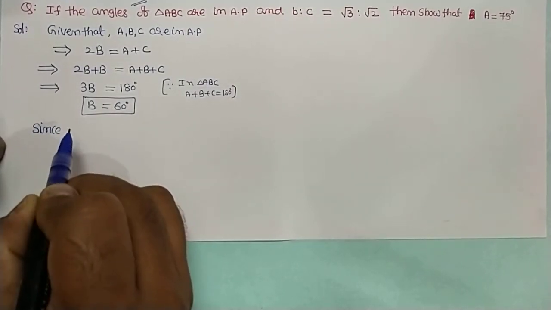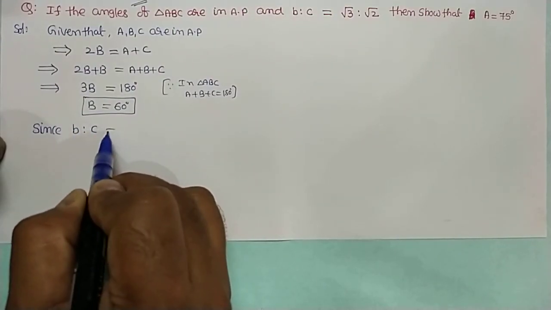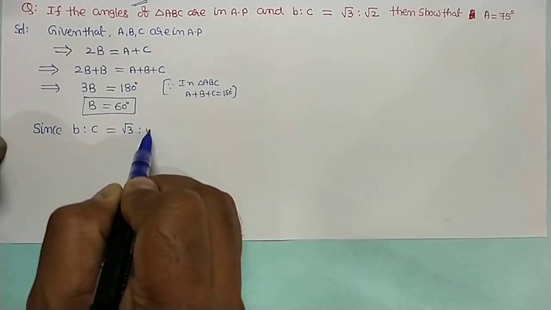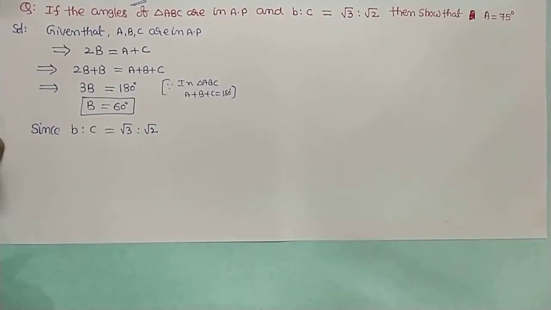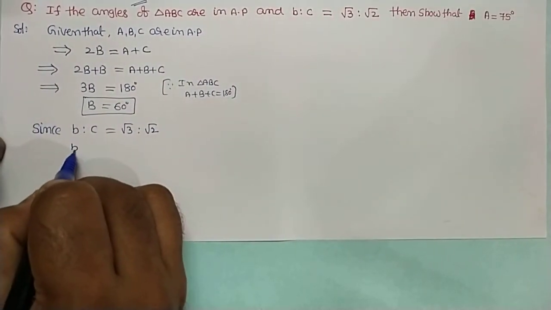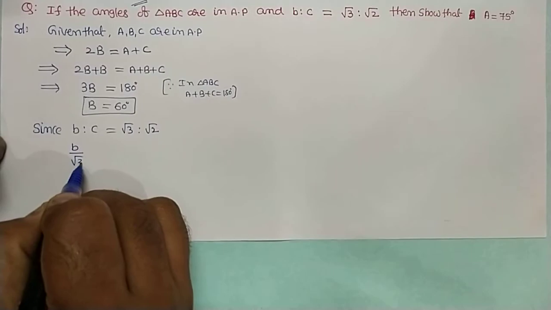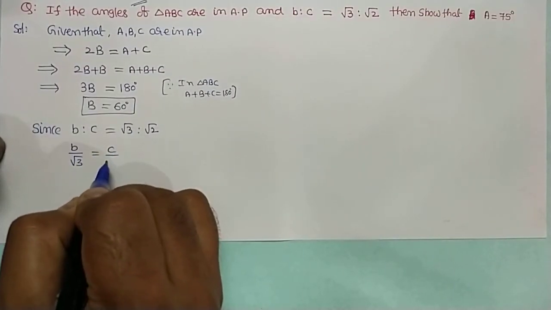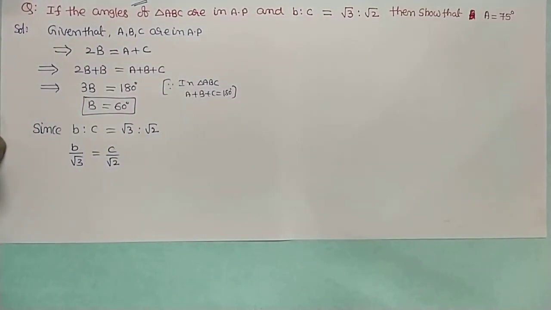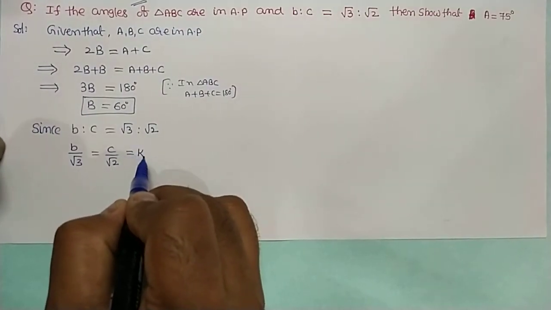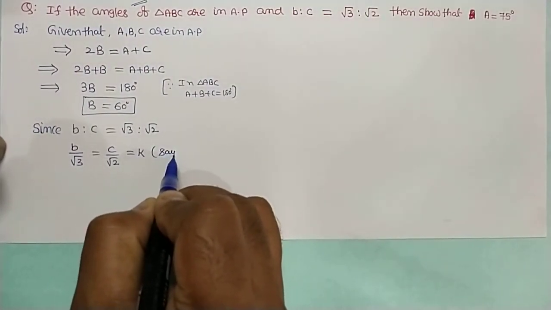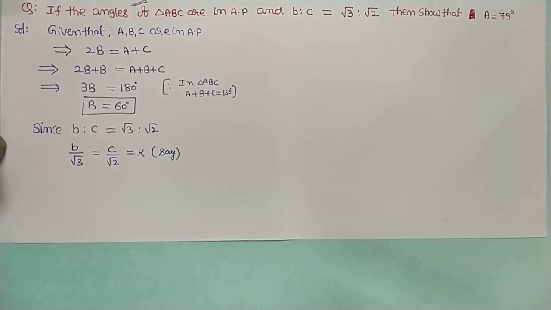Since small b is to small c equal to root 3 is to root 2, that means they are in proportion. So we can write it as b by root 3 equal to c by root 2, which is equal to some k. We can assume that k.